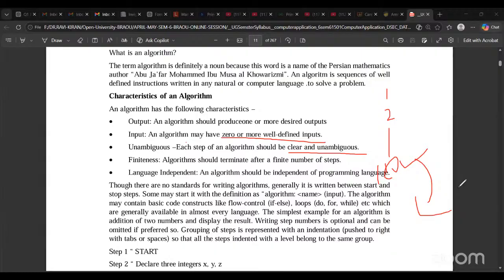It contains some code structure, like if else or loops, do, for, while, which are generally available in almost every language. The simplest example for an algorithm is addition of two numbers and display the result. Addition of two numbers.